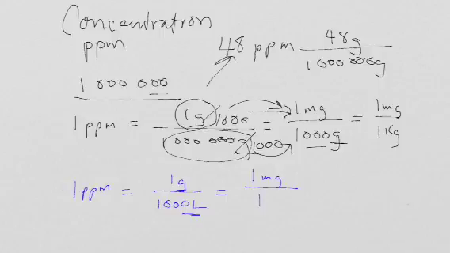Now, are there any other equivalencies for this? Well, there's 0.001 grams over 1 liter. That's the same thing, because there are 1,000 milligrams in 1 gram. That's the exact same thing.